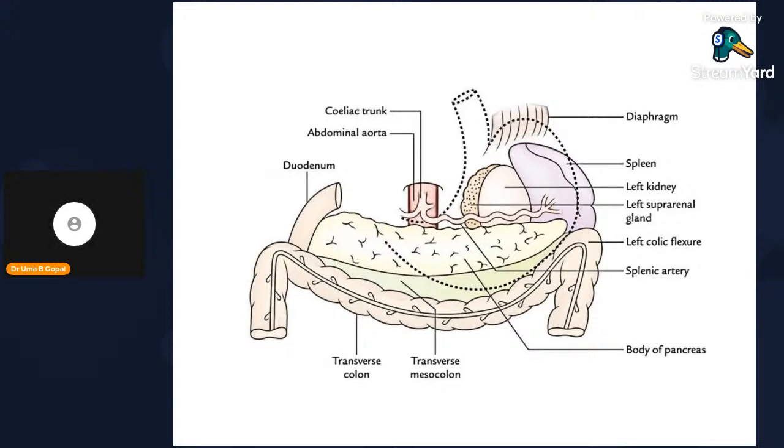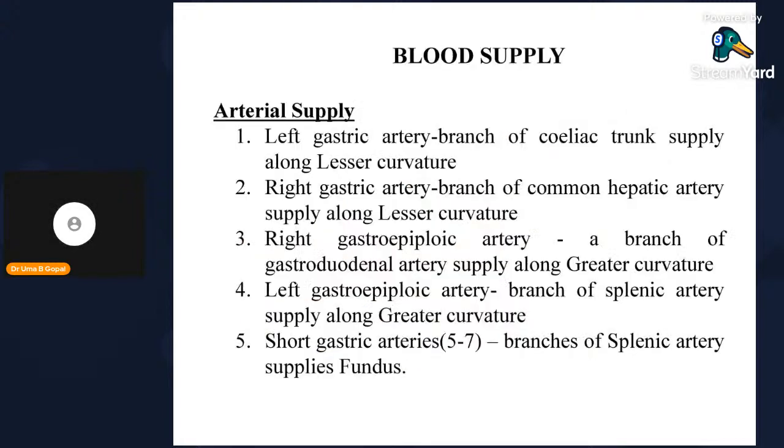You can see here the pancreas, splenic artery, left kidney, left suprarenal gland, spleen, diaphragm, a part of colon, and the root of transverse mesocolon. All these structures lie posterior to the stomach, and you have to draw this figure. If you want, you can take a screenshot.